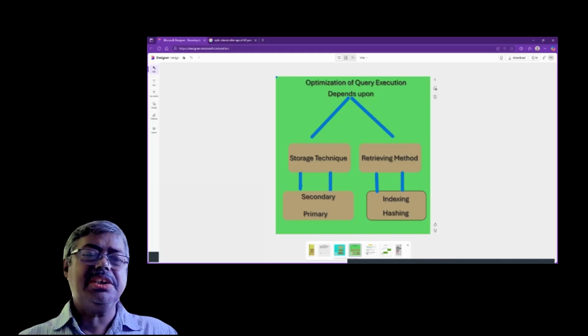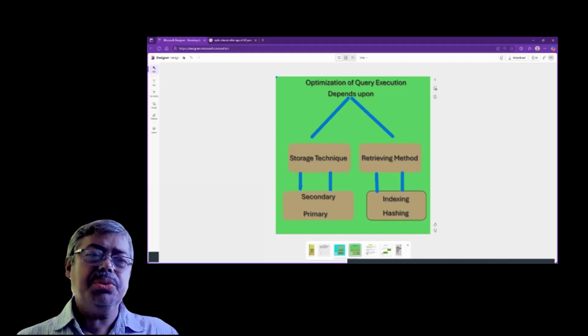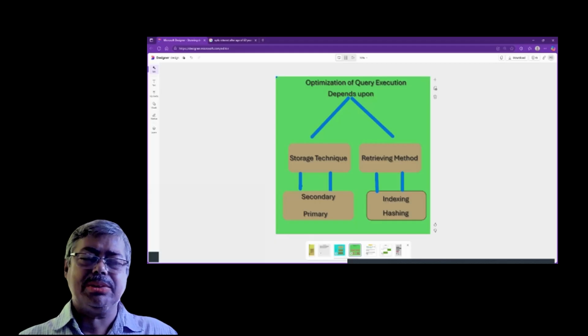On the other hand, the retrieving methods are indexing and hashing. When any particular type of data is to be retrieved from the database, the indexing system is scanned, and also the hashing system is scanned. Indexing is a policy, a method.